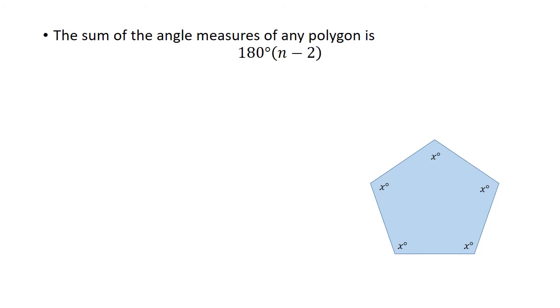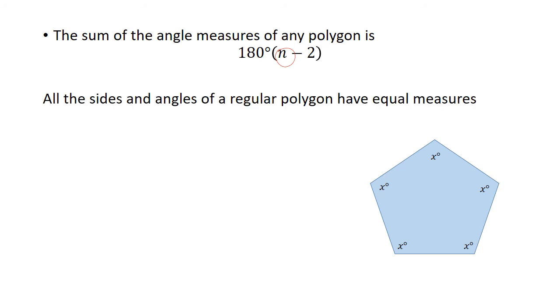You take your number of sides and you subtract 2. So let's say it had 10 sides. We've got 10 minus 2, so we would use 8, because we'd be able to divide that into 8 triangles, and we would take that 8 multiplied by 180 to tell us the sum of all the measures.